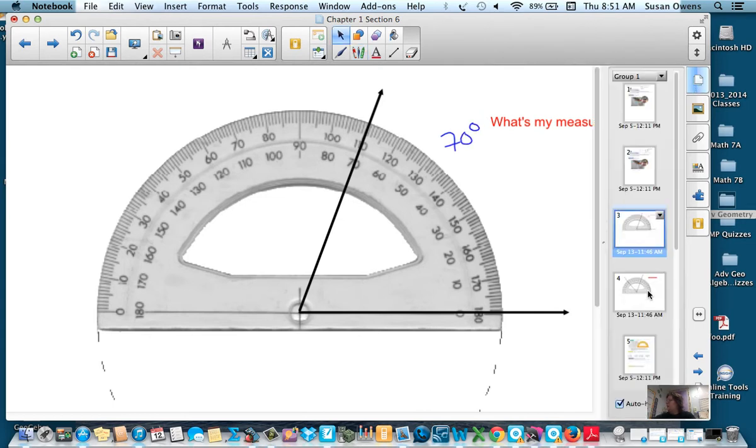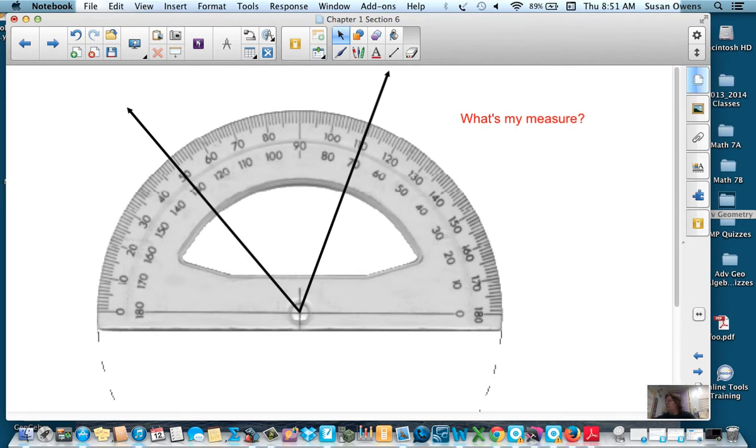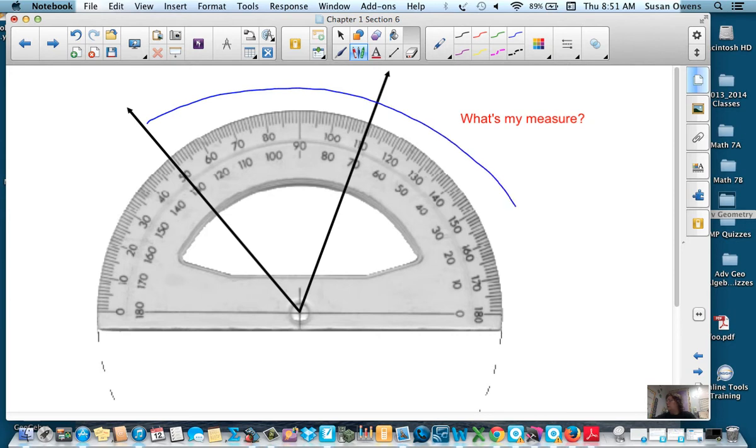The next one, though, I alter a little bit. Now I did not put one side of the angle on 0 degrees. You can still figure out what the angle is and not move the angle so it's lined up with 0. What you can do is you can find the measure from 0 all the way over to one side, and this is 130 degrees.